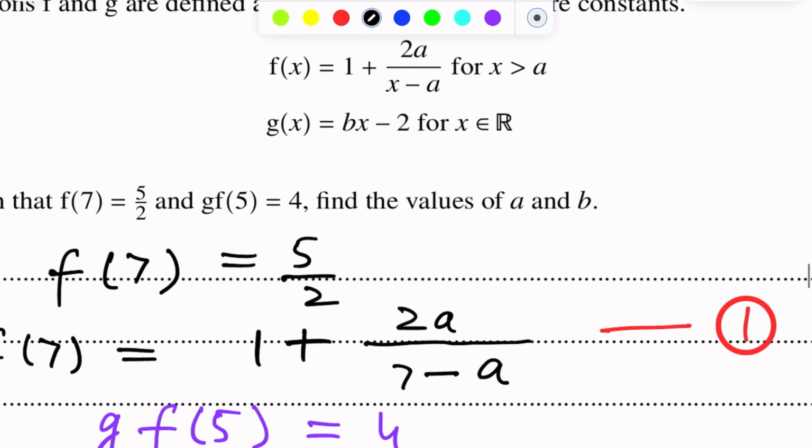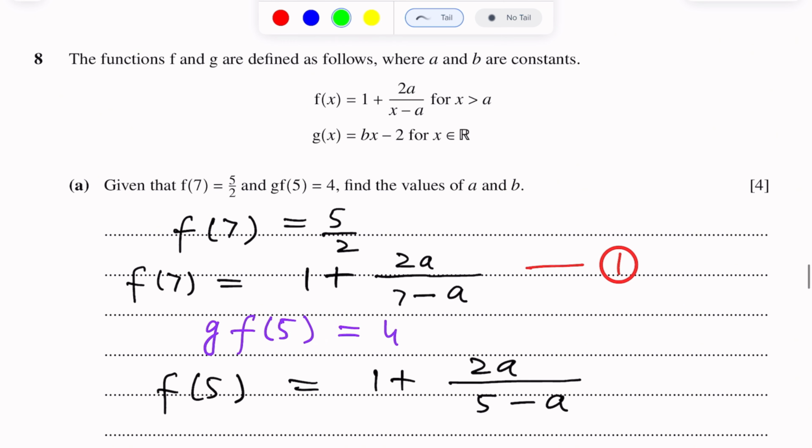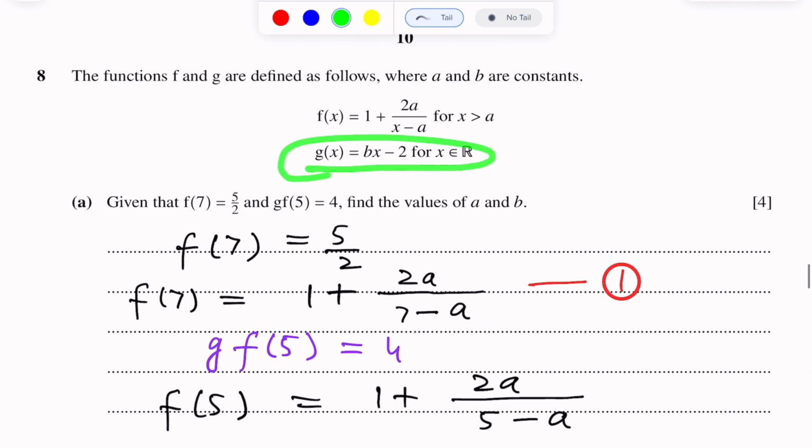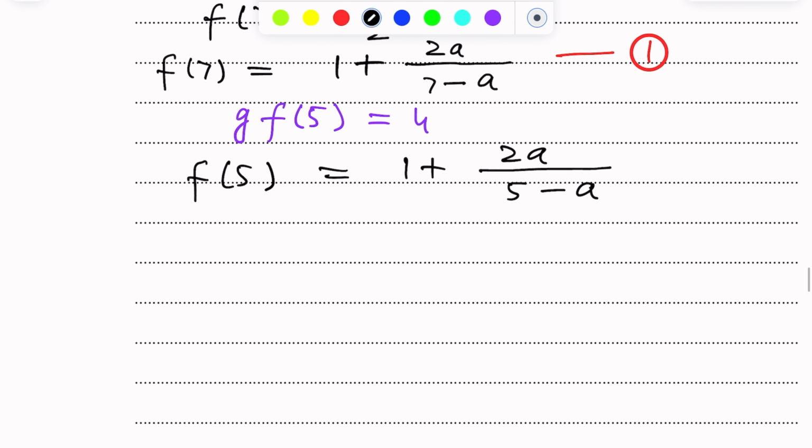Now g(x) is given. Actually we have to find g(f(5)). So g(x) is given, that is bx minus 2. So we are writing here the function g(x), bx minus 2.